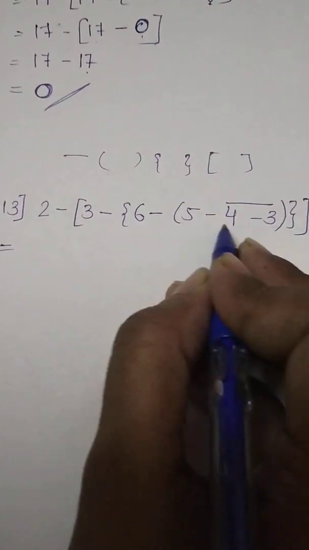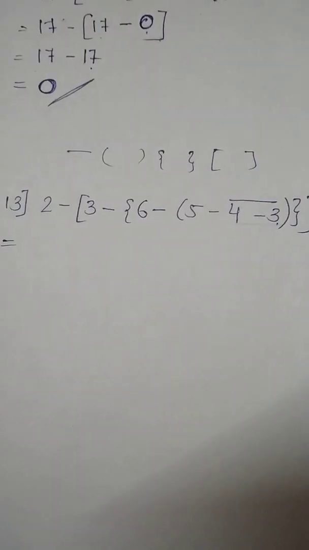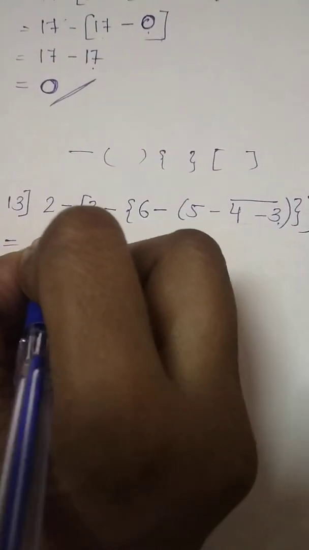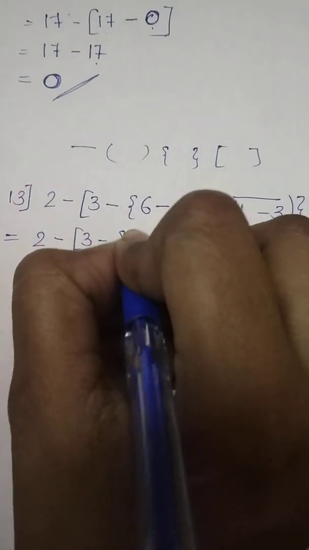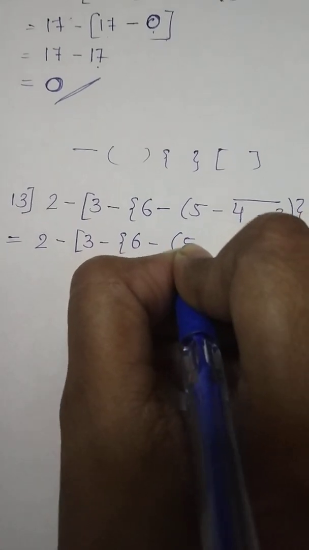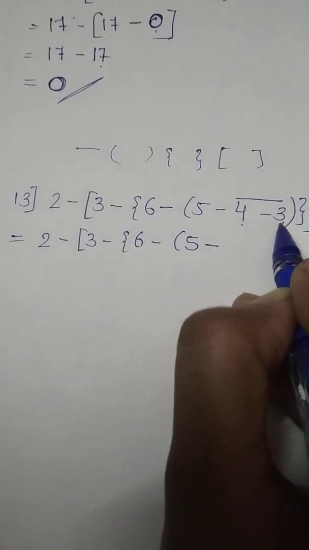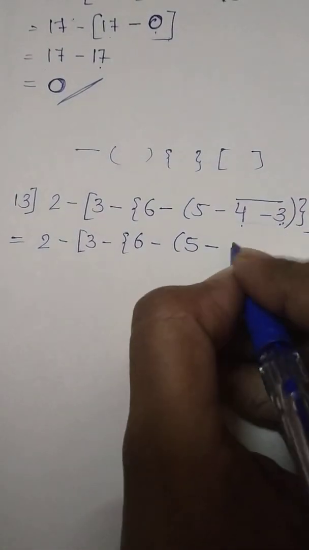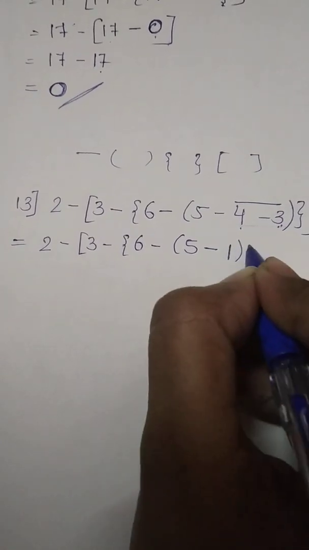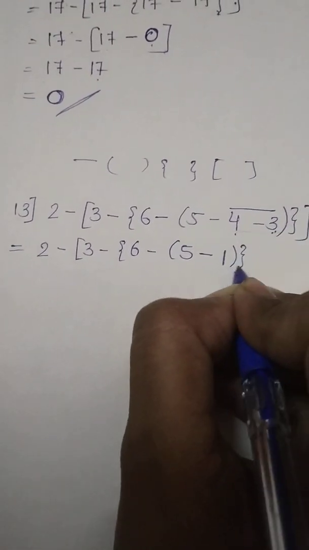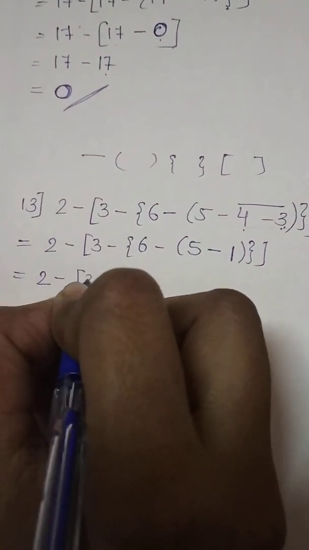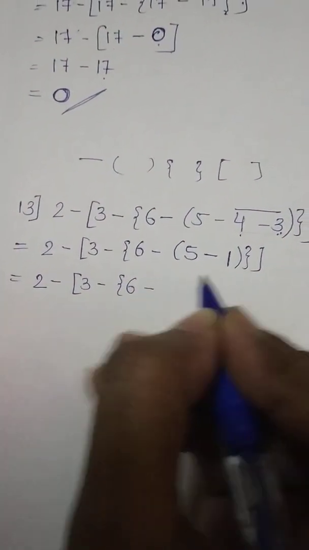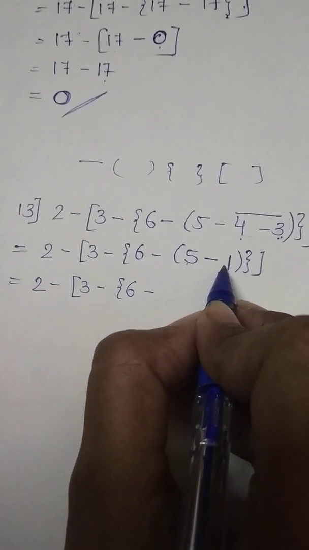Okay, so here the first term we are going to use: 2 minus, the rest of the numbers will remain the same, minus 5. Now 4 minus 3 will become 1. One bracket goes off. 2 minus 3 minus 6 minus 5 minus 1 is 4.